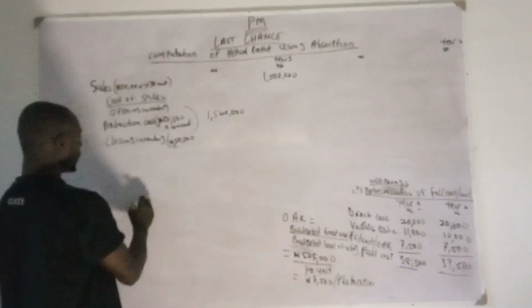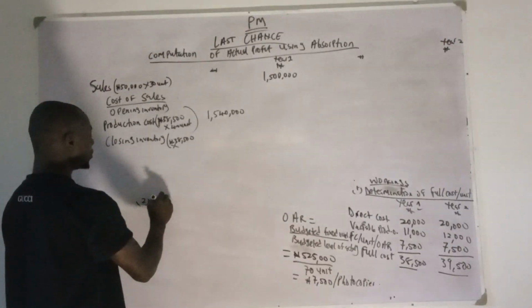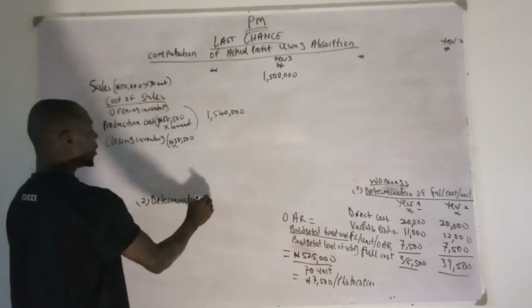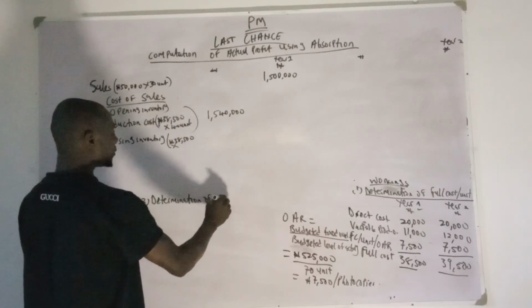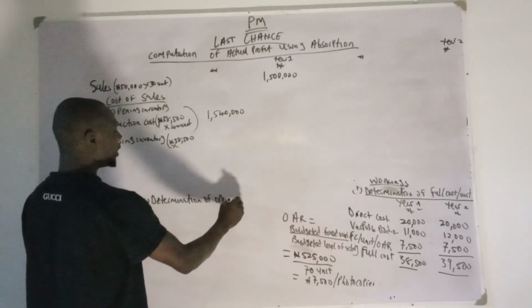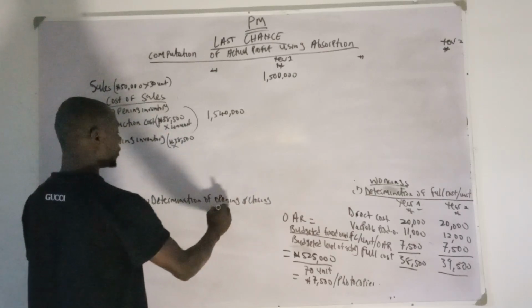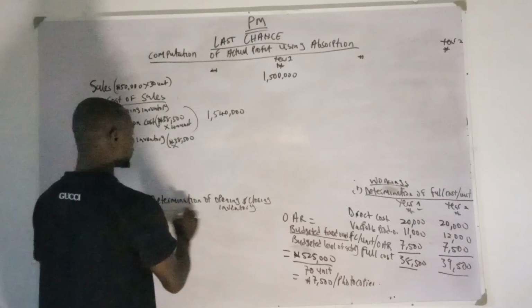So this will be your work 2, right? You can have determination of opening and closing inventory, right? Opening and closing inventory, right?